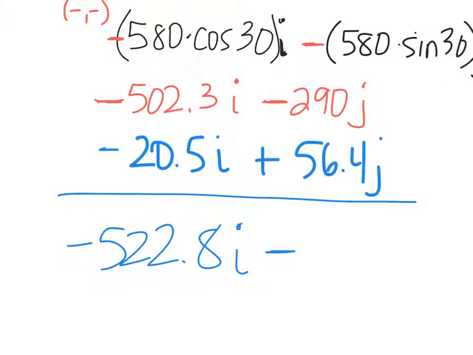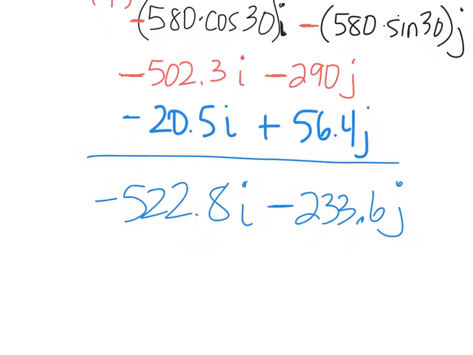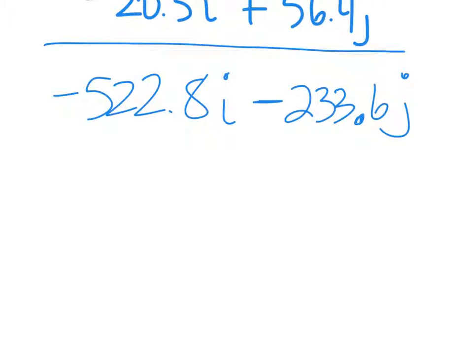Then minus, because 290 is bigger, 290 minus 56.4 is 233.6 in the j's. So that's the linear combination that represents my airplane.